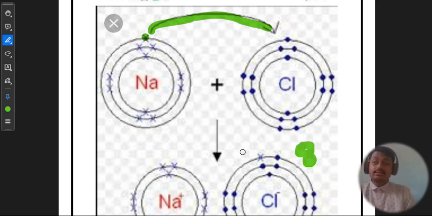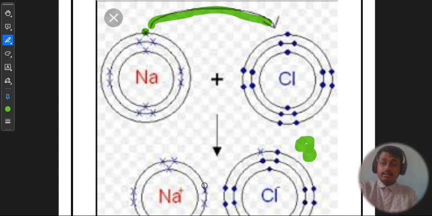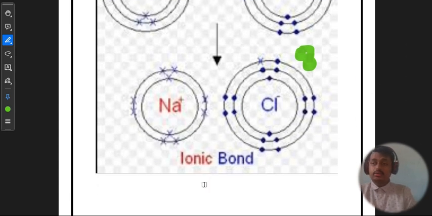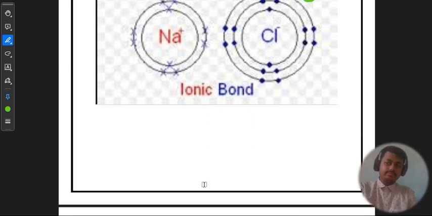Now the sodium has 8 electrons in its outermost shell, and chlorine also has 8 electrons in its outermost shell. Sodium loses 1 electron, so it becomes Na+, which is a cation, and chlorine accepts 1 electron. The complete transfer of electron causes this, and it becomes Cl-, and the ionic bond is formed by this.